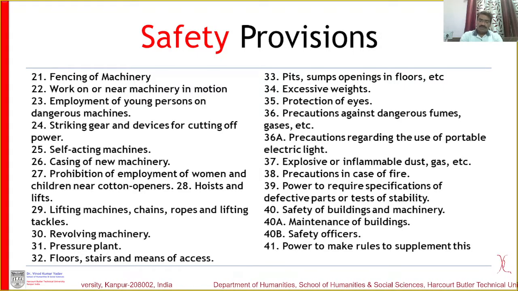Section 41 also covers power to make rules to supplement this, and everything is almost mentioned, like safety of building and machinery, maintenance of building, safety officers. You must have safety officers as per the laid down guidelines: if you have this number of employees, you have to appoint safety officers, and for every next this number of employees, you must have safety officers.